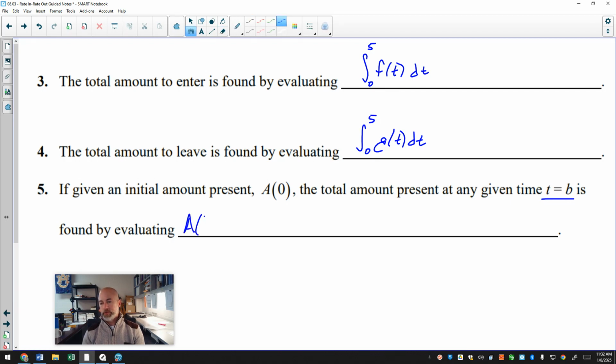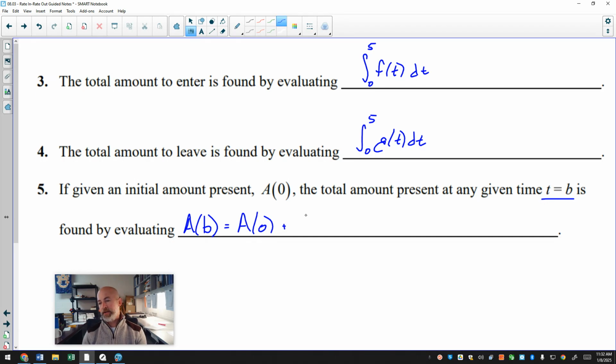And so what we'll do, if we have the initial amount, so if they tell me how much is sitting there at the beginning of the time, what I need to do is start with what's given. So that's my initial amount. And then I need to know how much was added and how much was subtracted, how much entered and how much left. And that's a combination of numbers 3 and 4 up here.